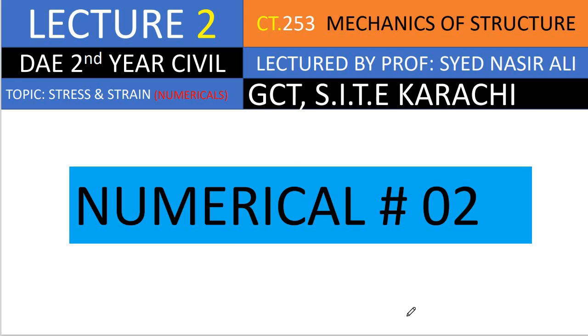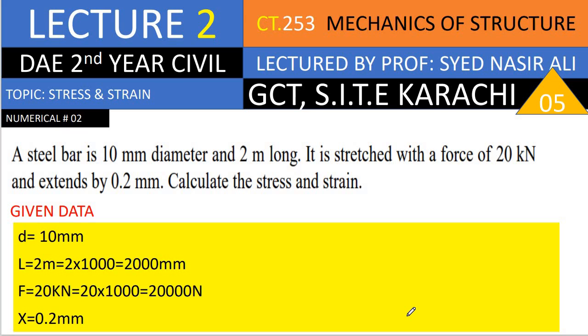This is the numerical 2. A steel bar is 10 millimeter diameter, so D is equal to 10 millimeter, and 2 meter long, the length is 2 meter, here 2 meter, we are converting it into millimeter and getting the 2000 mm. It stretches with a force of 20 kilonewton.